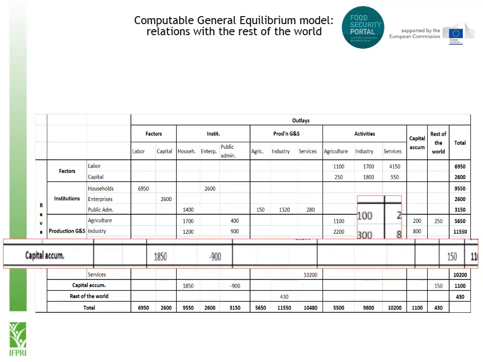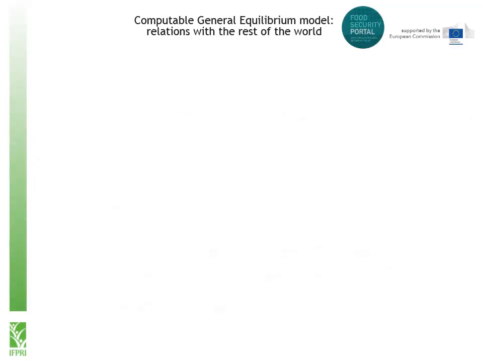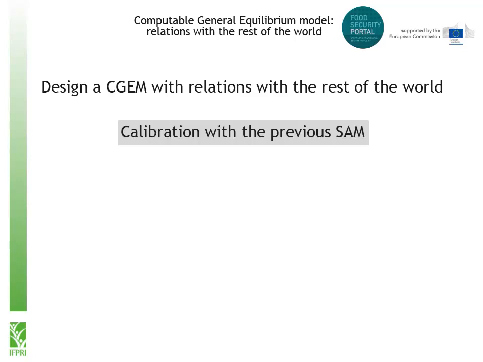And you've got also a current deficit of minus 150. So you have all the elements to design a computable general equilibrium model with, right now, relations with the rest of the world. And you can calibrate it with the previous social accounting matrix. You will have 2 slides just after this one that will expose entirely the model.